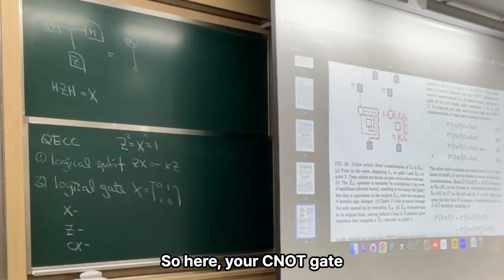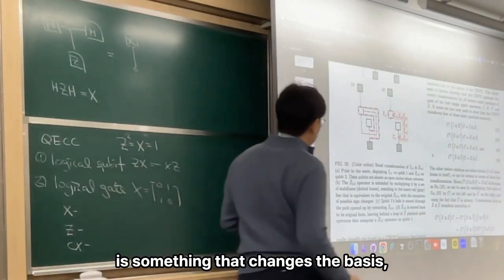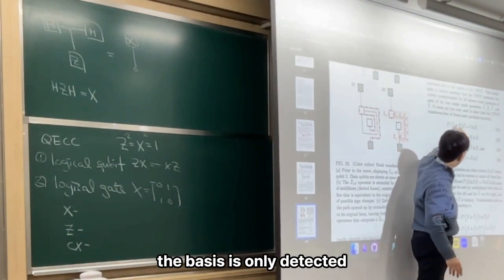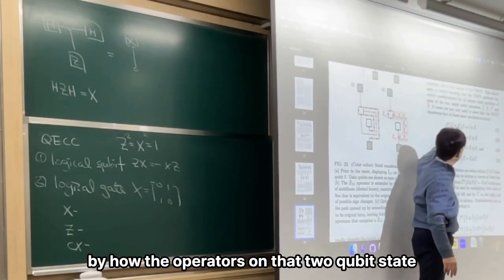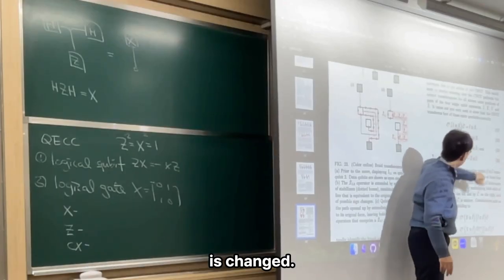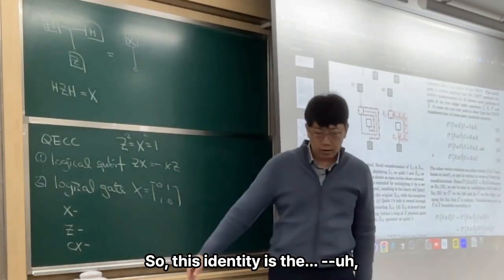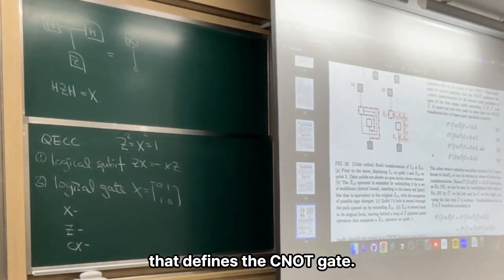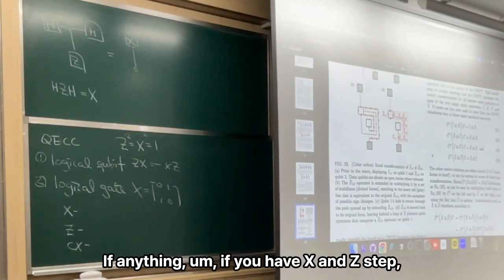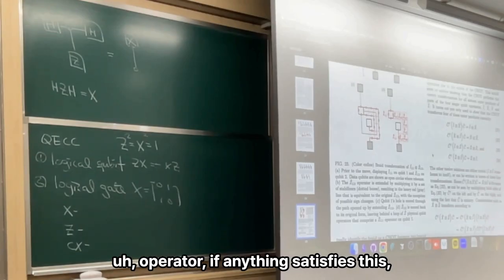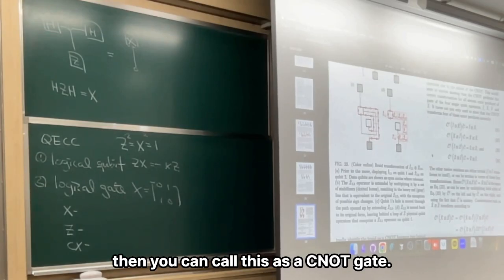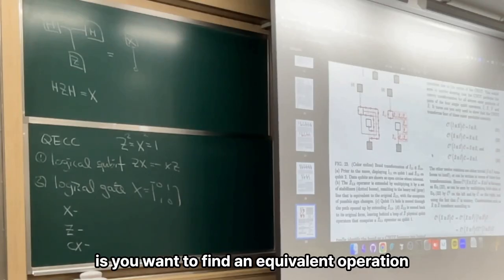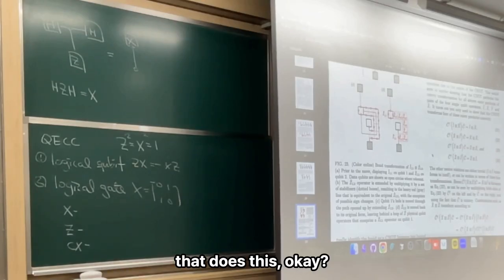Your CNOT gate is something that changes the basis, and how it changes the basis is only detected by how the operators on that two-qubit state are changed. So this identity is the exact identity that defines the CNOT gate. If anything satisfies this with the X and Z operators, then you can call it a CNOT gate. So what you want is to find an equivalent operation that does this.